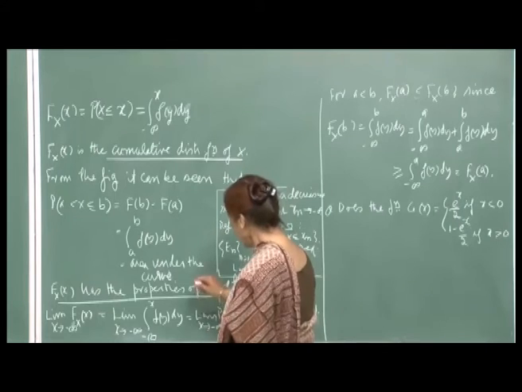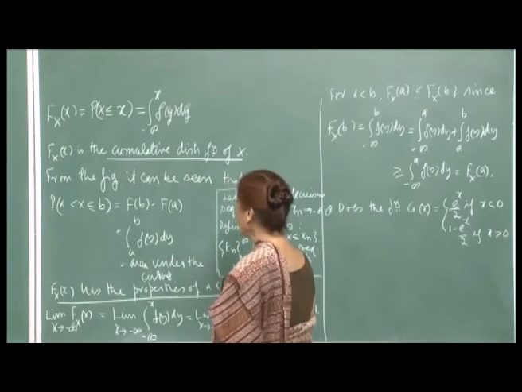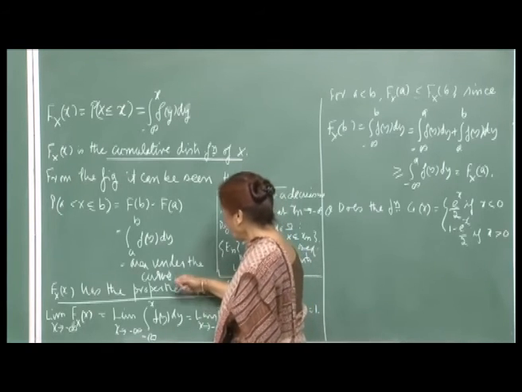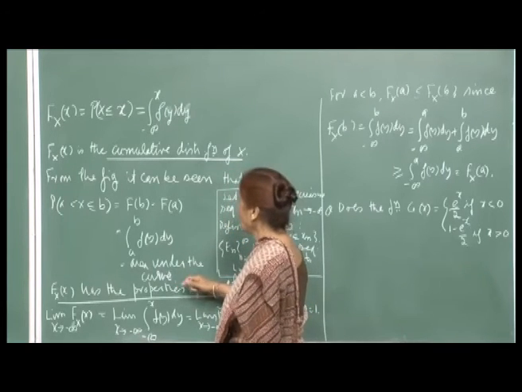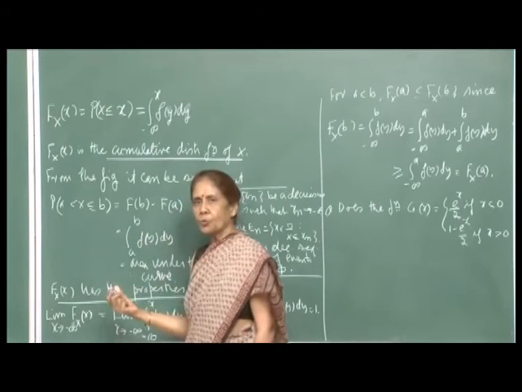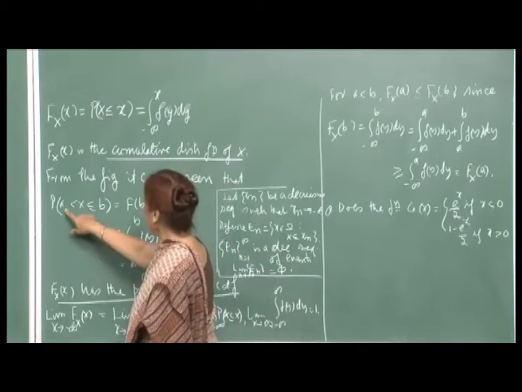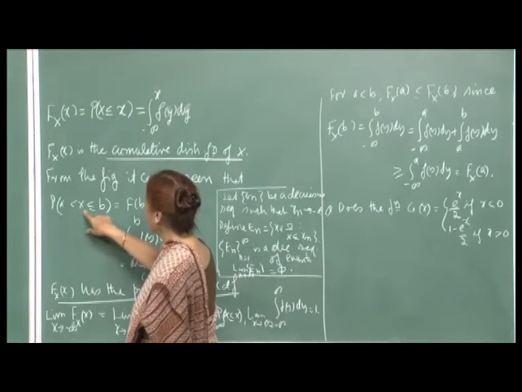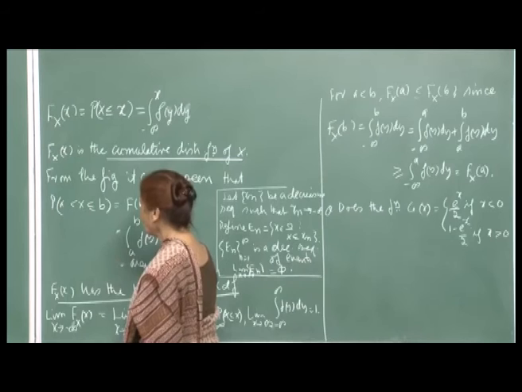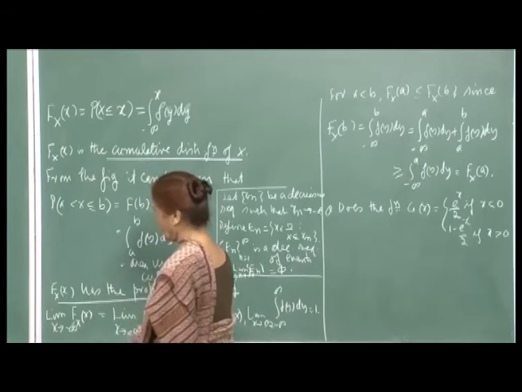Now, let me emphasize 2 points here. As opposed to a discrete random variable, where it was important, when you are talking of the probability of a random variable in an interval, whether the endpoints are included in the interval or not. For a discrete random variable, it mattered, because every point has some positive probability, or non-negative.